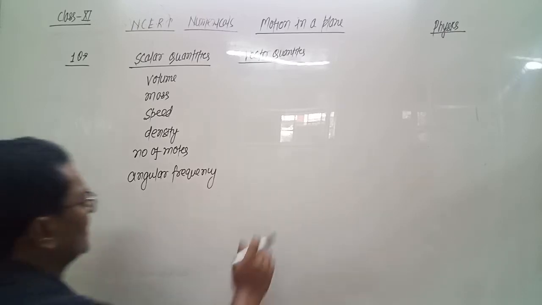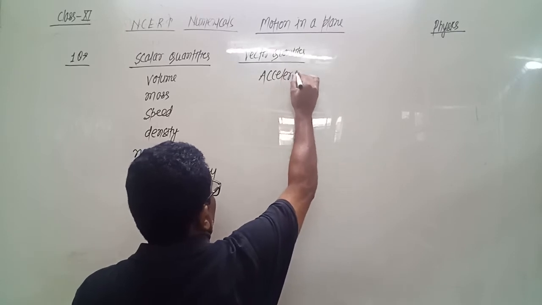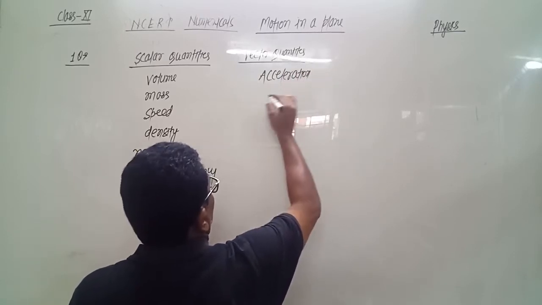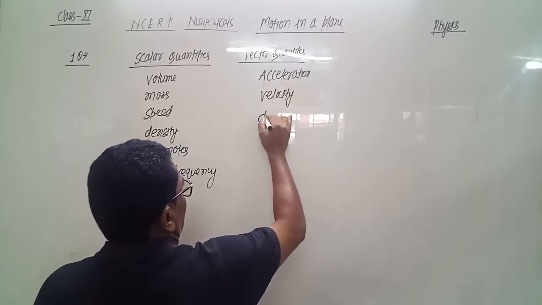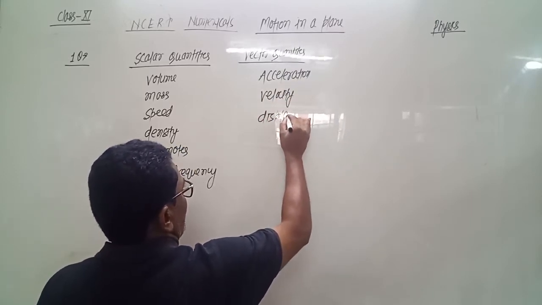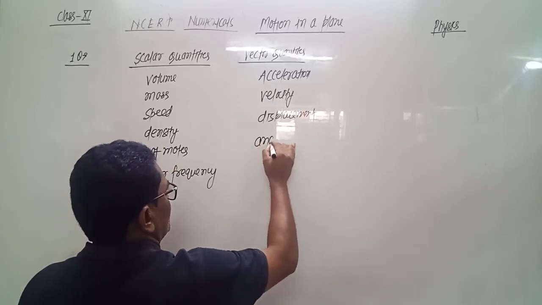And the vector quantities we write among them: acceleration, velocity. Acceleration is a vector quantity, velocity is a vector quantity, displacement is a vector quantity, and angular velocity.